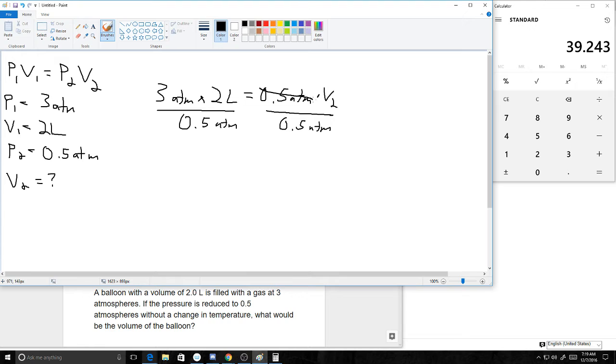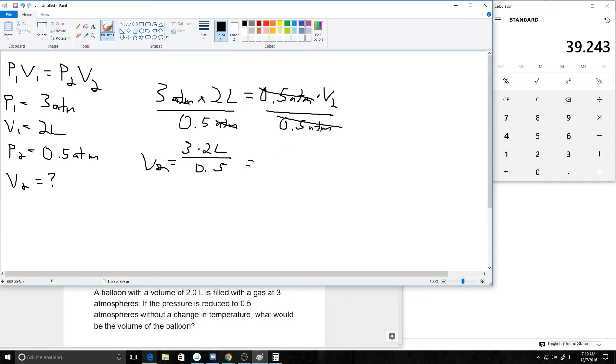Let's get rid of the atmospheres. So now we have V2 is equal to, oh wait, atmosphere is here, let's cross this out so the units are gone. V2 is equal to 3 times 2 liters all over 0.5.